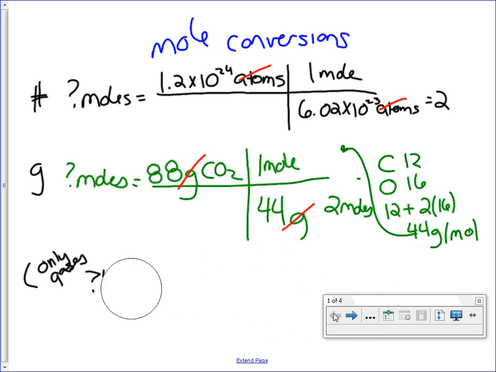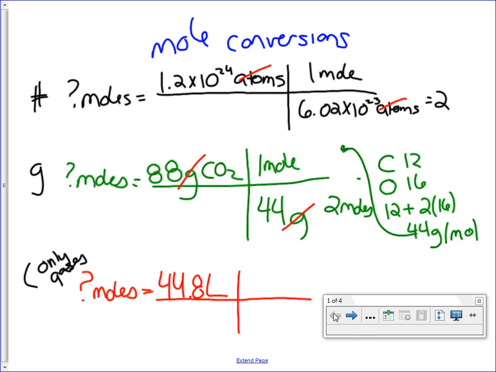If I'm going the other way, okay, 2 moles, how many moles is 44.8 liters of carbon dioxide gas, okay? Liters are on top, so I'm going to put liters on the bottom, and I know it's that 22.4 again, okay? Liters go away, and I have 1 mole left on top, and my answer is 2 moles again.